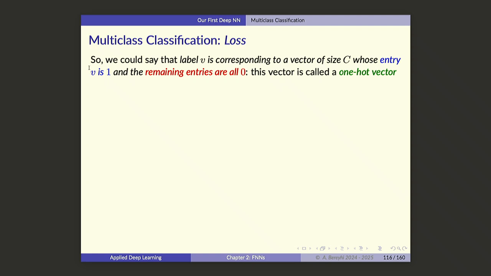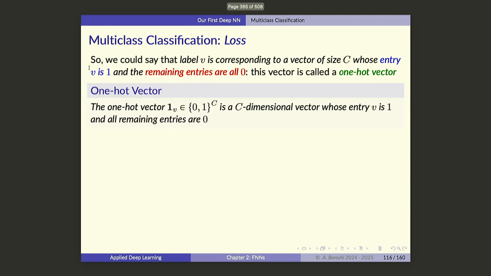So if your image really is a handwritten 0, then this vector is going to have 1 at the first entry and 0 everywhere else, right? Clear? This is what we call a one-hot vector, and this is how I'm going to show it from now on. So this bold 1 is a vector, and it is 0 everywhere but at the index v. Okay? Now, let's try one example together.